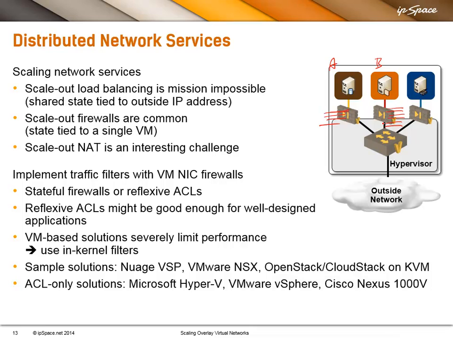Scale-out NAT is somewhere in between these two, and you'll see that there are some interesting creative solutions that you can use. Almost all large-scale virtual networking products offer some sort of traffic filters or firewalls, distributed scale-out firewalls that you can insert between the virtual switch and the VM.